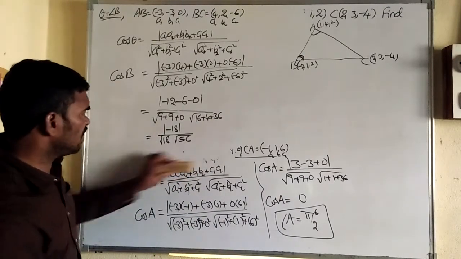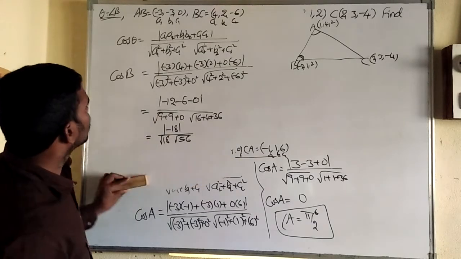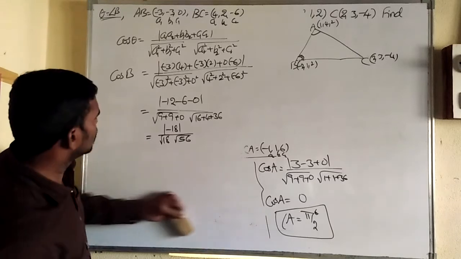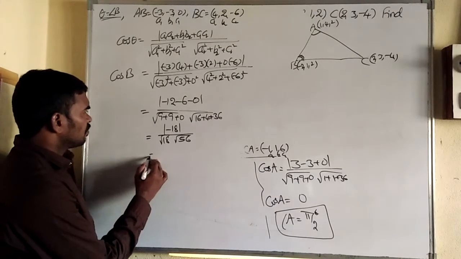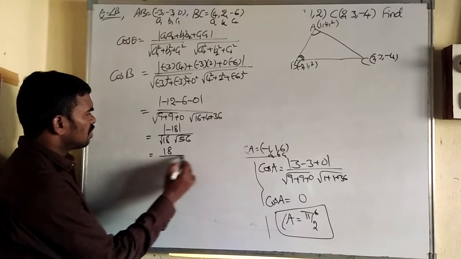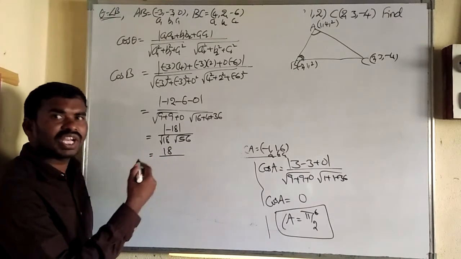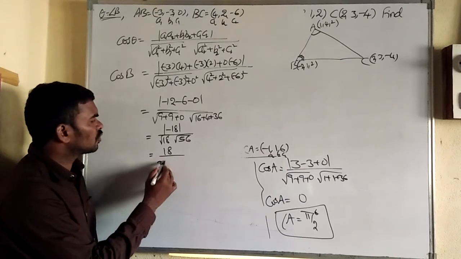Can we simplify more? Modulus minus 18 means 18, and 18 by root 18 means what? 2 into 3 into 3, so we can write 3 root 2.